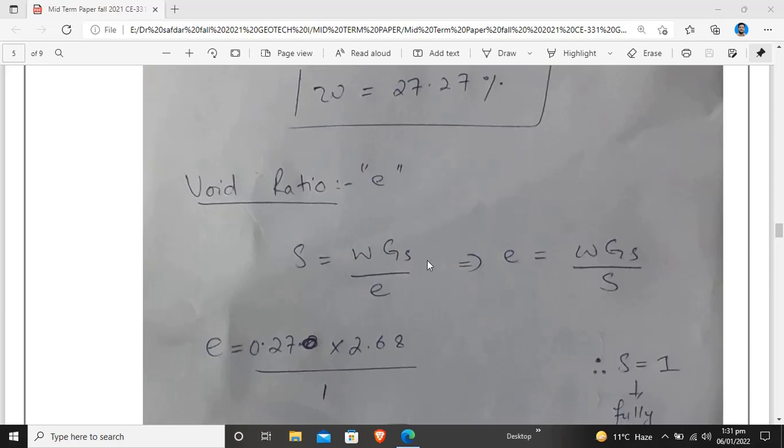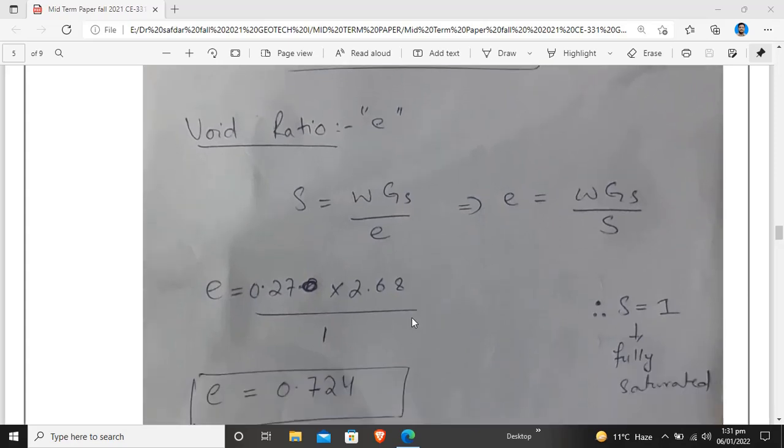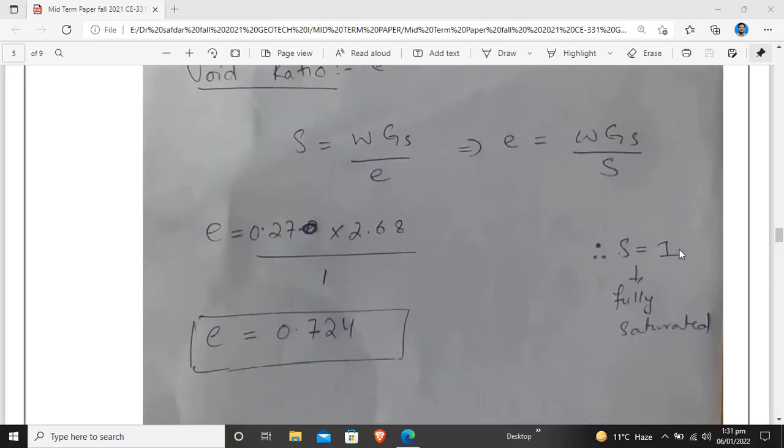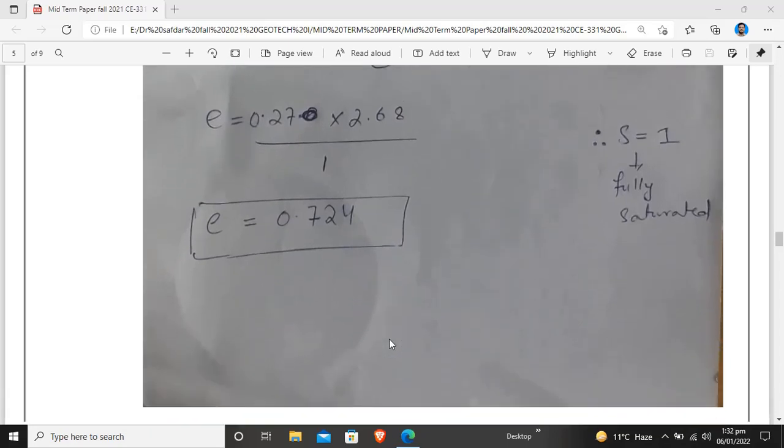Degree of saturation is equal to w, the water content, multiplied by specific gravity, whole divided by void ratio. By rearranging the equation and putting in the values of water content 0.27 and specific gravity 2.68, and since the soil was fully saturated, we consider the degree of saturation as 1, so we obtain the void ratio as 0.724.